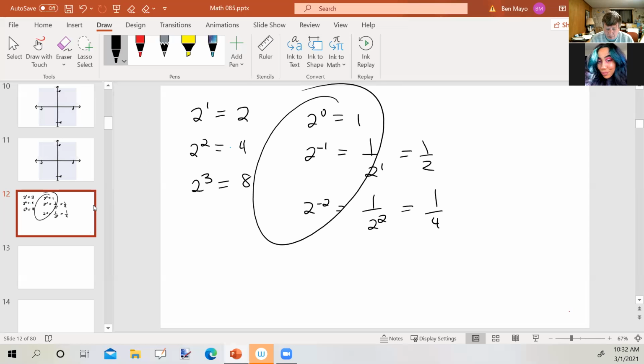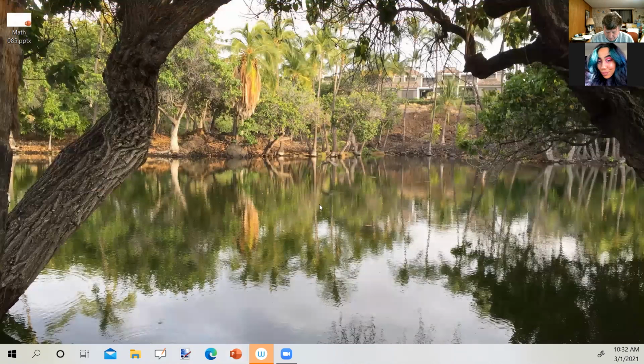All right, then we're going to go to a different screen because we're going to be doing some graphing. Let's see here. All right. Can everyone see my graphing screen, hopefully? Yes. Thank you.